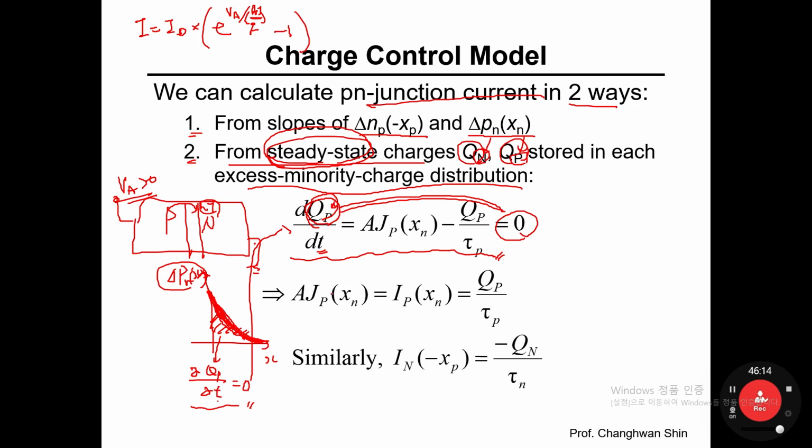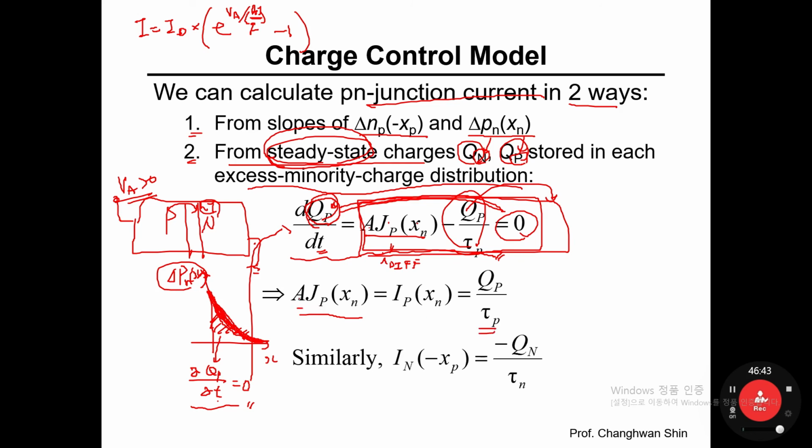This is I diffusion, that was A times the current density at the edge of the depletion layer. So using this equation under forward bias, A times Jp at x of xn, let's move it to the right-hand side, and then you get this.